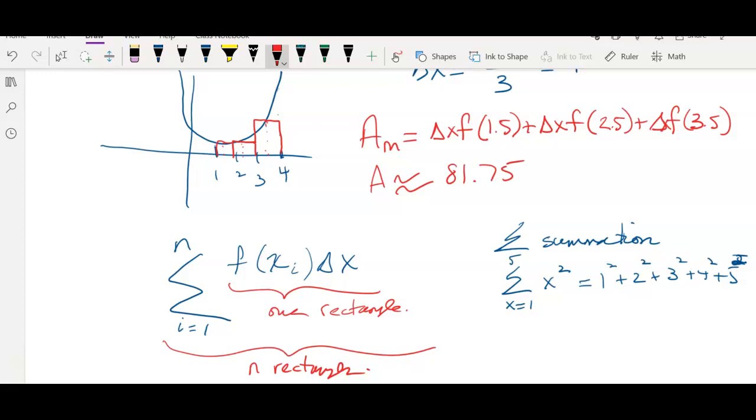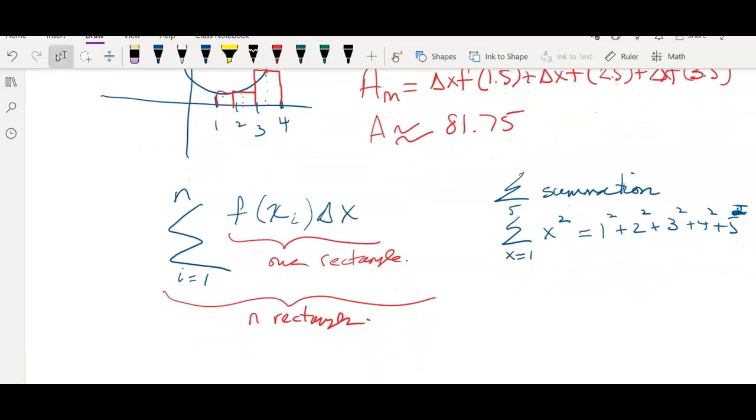All right, everyone agree? Now, we want to take n to where? Infinity. To take n to infinity, you need a limit. So now we add the limit as n goes to infinity.